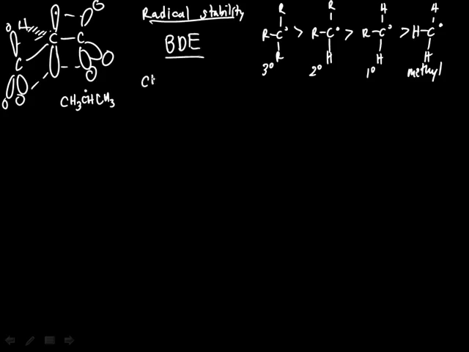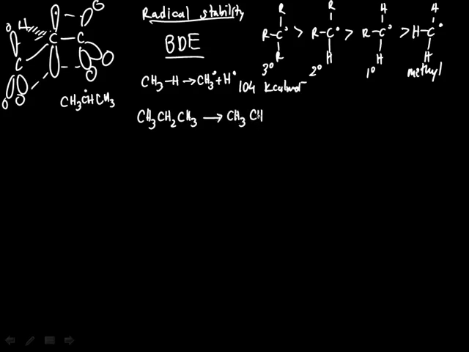So if you look at the CH3–H bond dissociation, this value is 104 kilocalories per mole. If you look at our primary propane C–H dissociation energy, we get a primary radical. This is 98 kilocalories per mole.